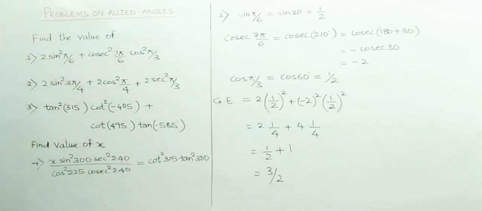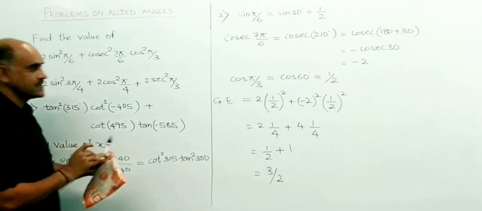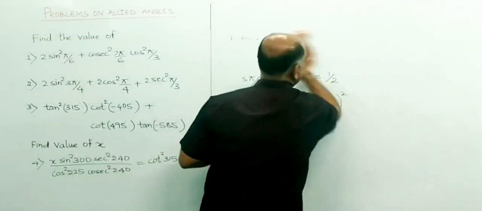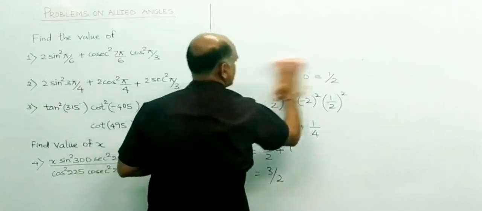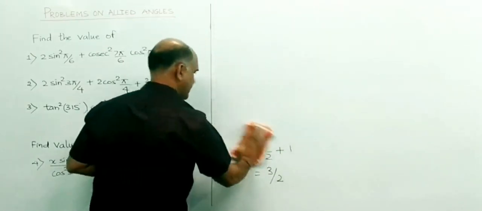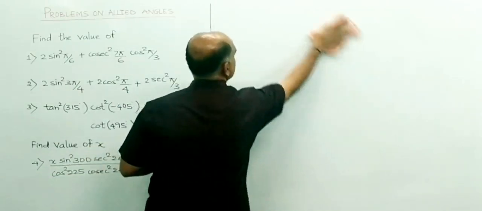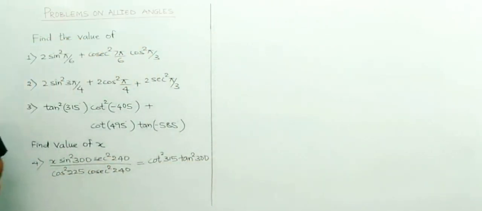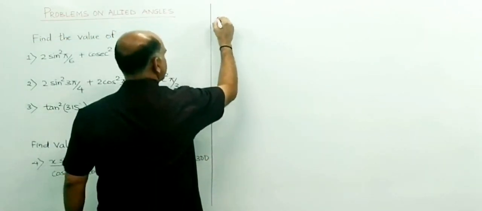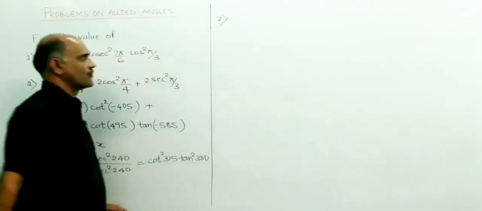Similarly, if we go for second one, first separately we will find the values, then we will substitute. So second one, first he has given sine square 3 pi by 4.